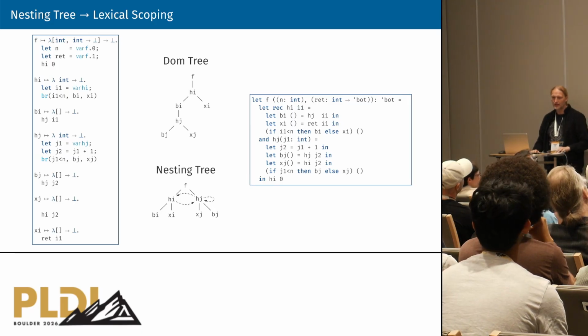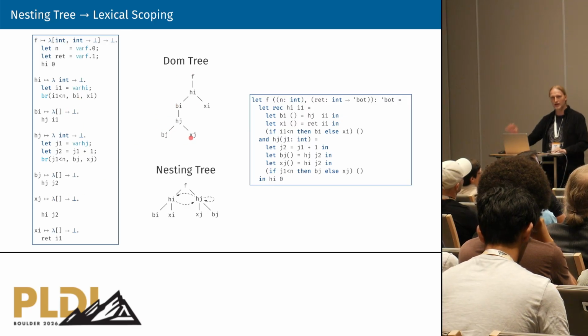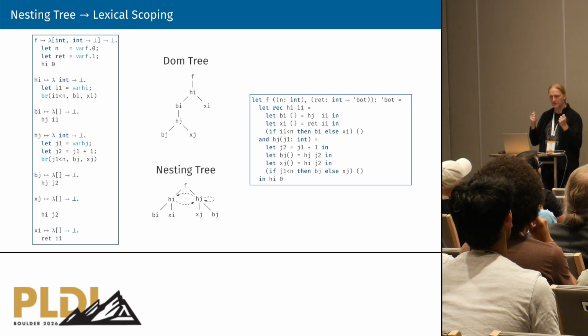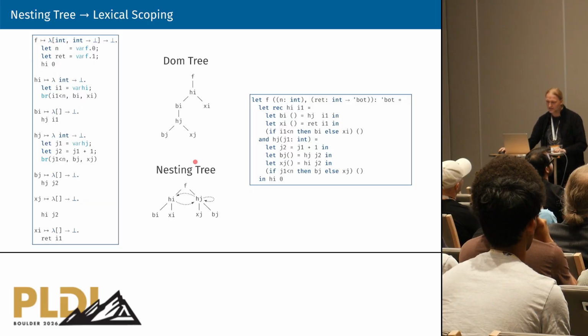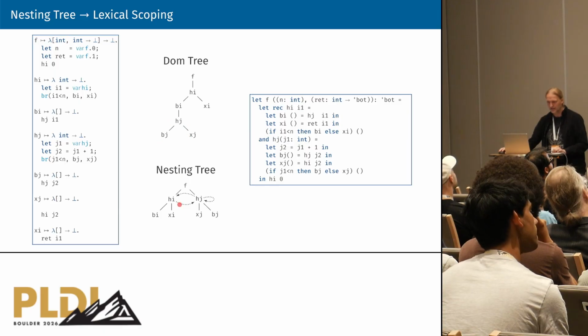All right, here's once again the double loop example. Here we can see the dominator tree. And based on this concept of free variables, we can derive a data structure that we call the nesting tree. You can see the nesting tree correctly identifies that both loops live side by side because they don't depend on each other, as opposed to what you see in the dominator tree.